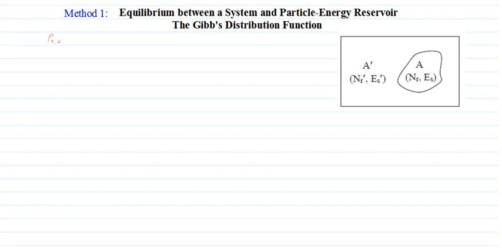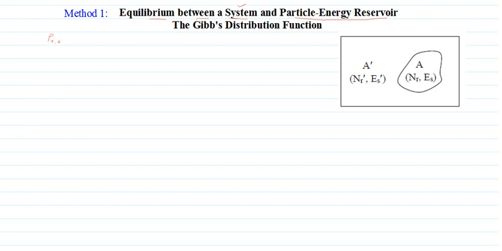In order to calculate this P_rs, in the first method we consider the equilibrium between the system that we are considering right now and a particular type of reservoir known as the particle energy reservoir.